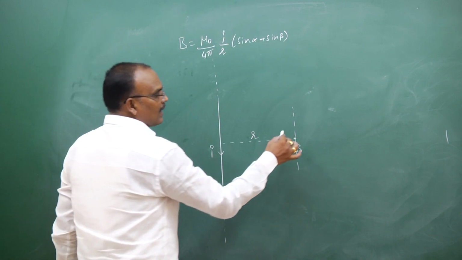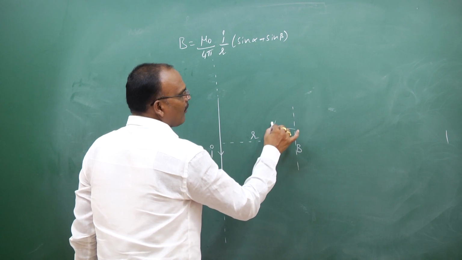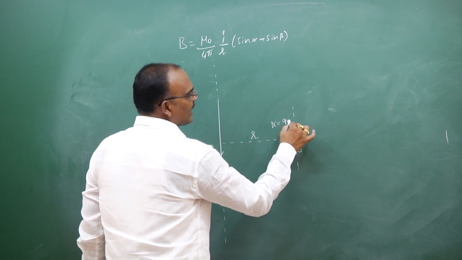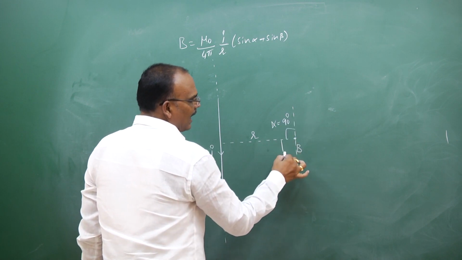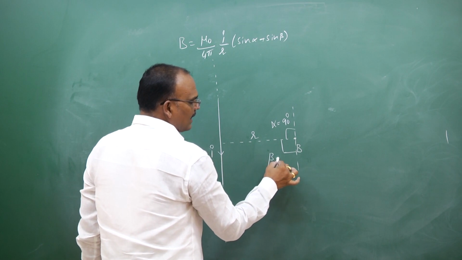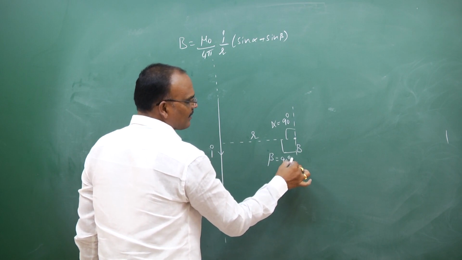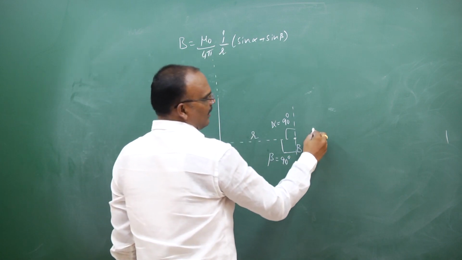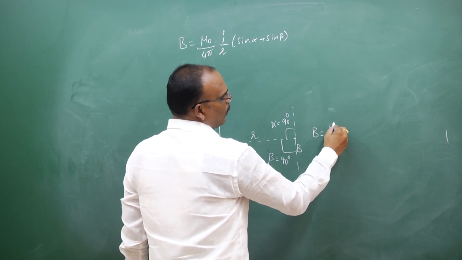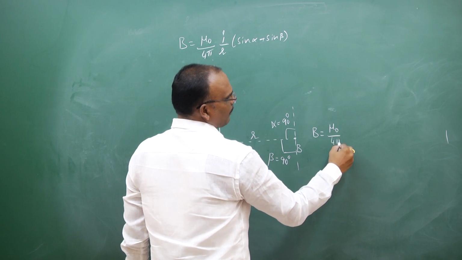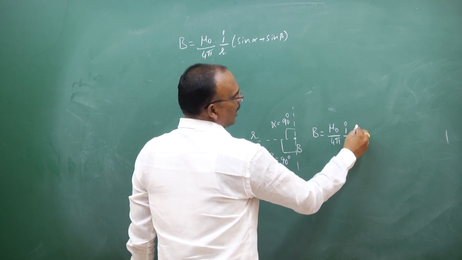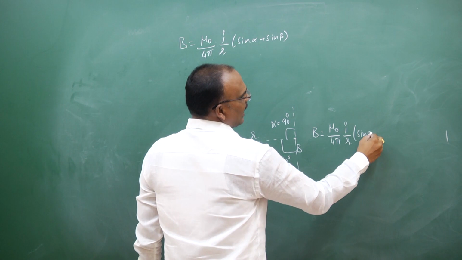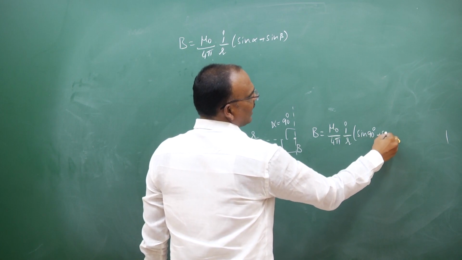That means this angle now becomes alpha. This alpha is 90 degrees. This angle becomes beta, and this angle is also 90 degrees. So if you substitute these things in this equation, you will get B is equal to mu naught by 4 pi I by r into sin 90 plus sin 90.